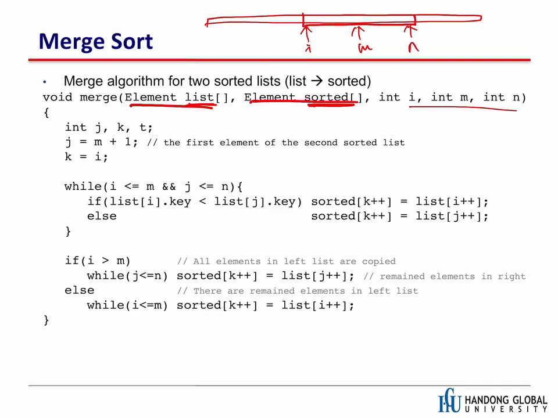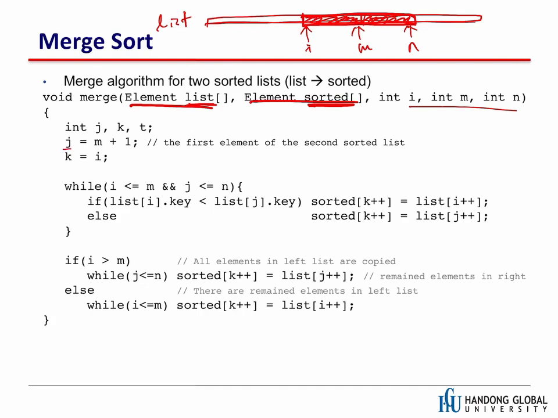It means we are focusing on this sublist. This is the list, but we are focusing on this, and in this sublist, from I to M, these are sorted, and from M plus 1 to N, these are sorted.